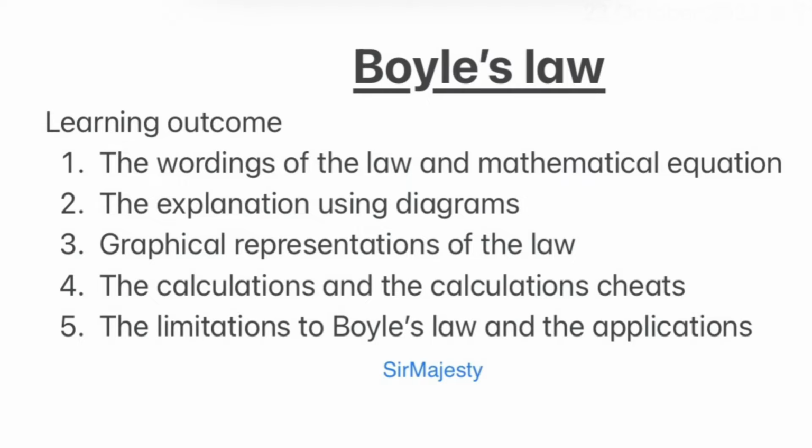So you see here the explanation, the graphical representation, the calculations, and then how to know when to use Boyle's law and when not to use it. Then the limitations of Boyle's law.